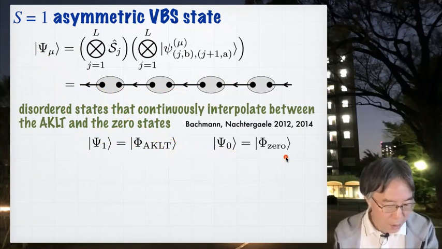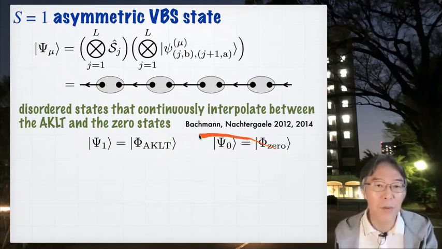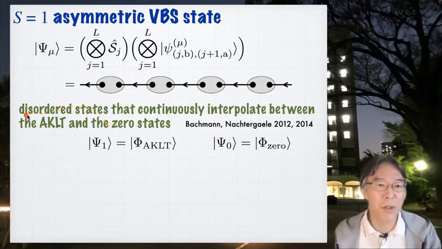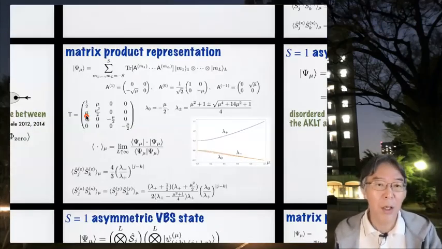Okay, and I have to remark that a very similar state that interpolates between the 2 states was already constructed by Bachmann-Nachtergaele a long time ago. But ours is sort of based on this simple valence bond picture. Okay, so now I said disordered. This is disordered, but this means that all the truncated correlation functions decay exponentially.